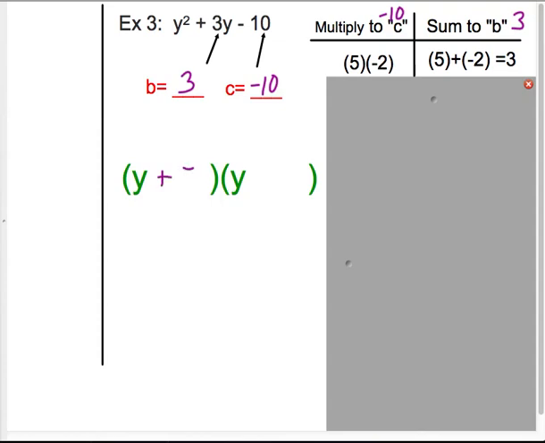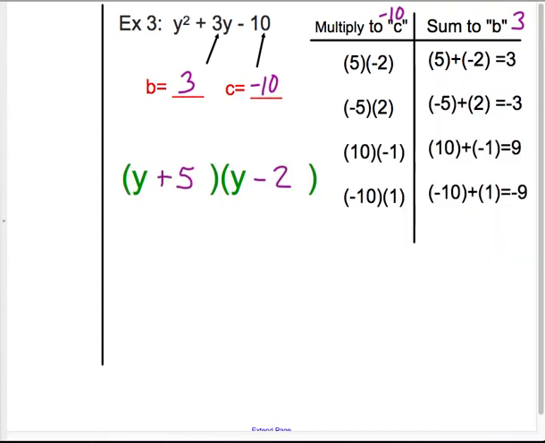So we have y plus 5, y minus 2. Again, we have all of the other possibilities of multiplying to 10 listed. The common ones that people forget about are the ones where it's the number times 1. It didn't work out in this case, but when you are setting up your T-chart, if you're having a hard time finding two numbers that will add to that middle term, make sure you're checking the number times 1. We could go ahead and distribute to check, but that one does work.